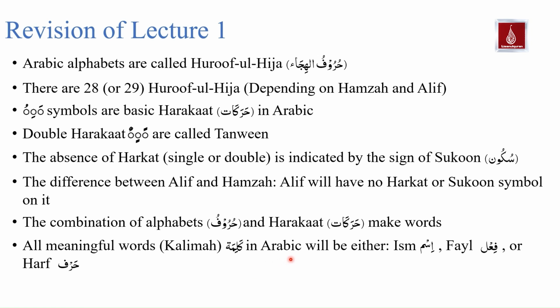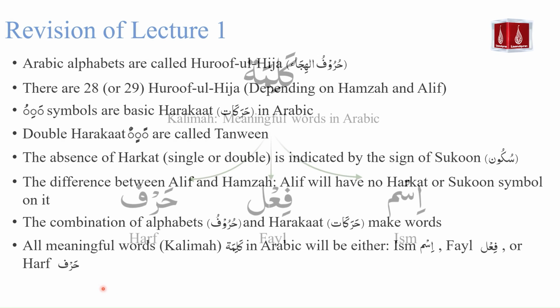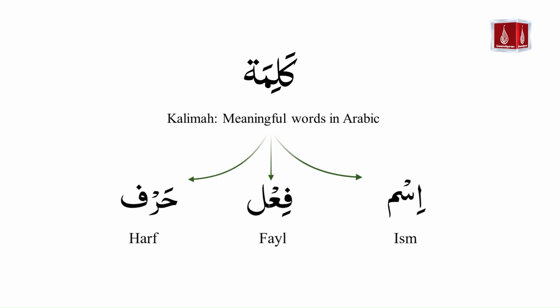In Arabic, all the meaningful words can be divided into either ism, fail, or harf. These are the 3 parts of speech in Arabic, and the focus of today's lecture is going to be ism.